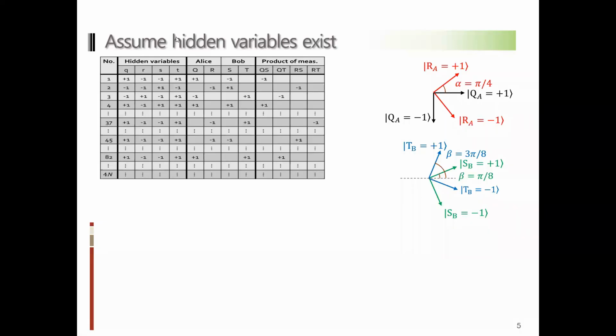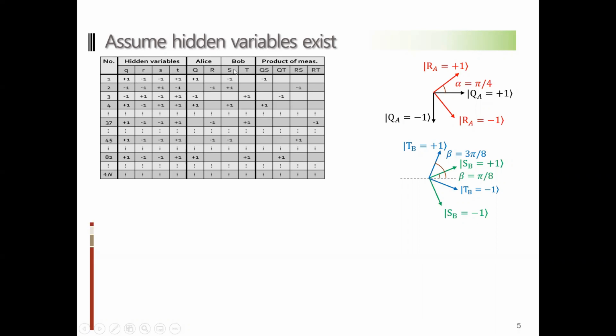So if I give you a more detailed example, first we still continue to assume that hidden variable theory is correct. So in principle, Charlie can determine the hidden variable for each trial. Each line corresponds to each trial. For the first trial, let's assume that Charlie chose +1, -1, -1, +1 for the QRST hidden variables.